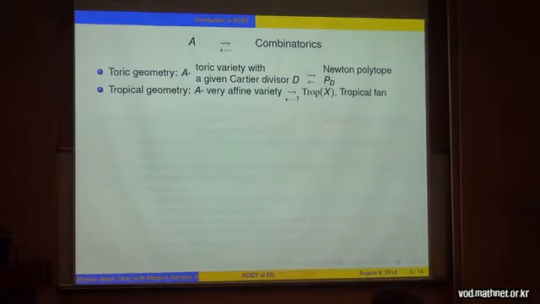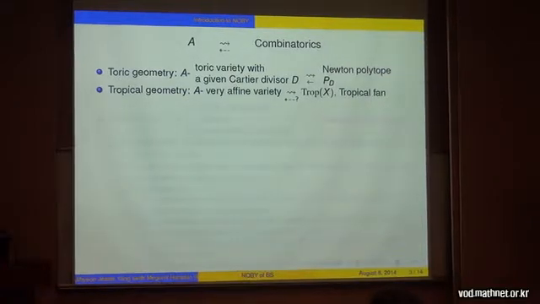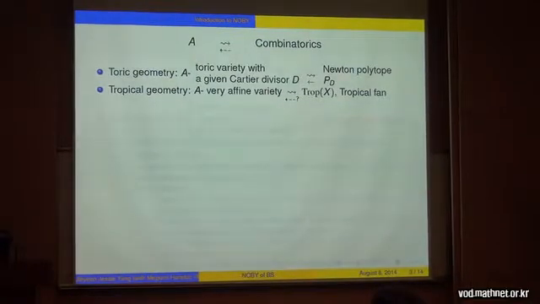And I just want to introduce tropical geometry because this one also has the same idea. Here A is a very affine variety. That is to say, it's a subvariety of an algebraic torus. And here, by so-called tropicalization, we attach a certain weighted balanced fan to A, and it has been actively researched to get some applications for the lifting problems.